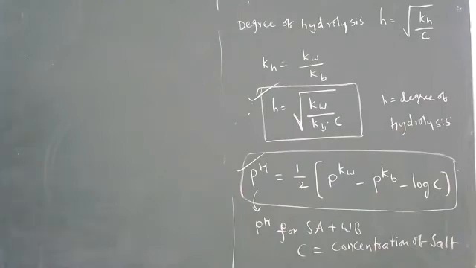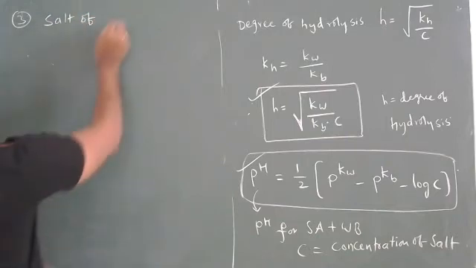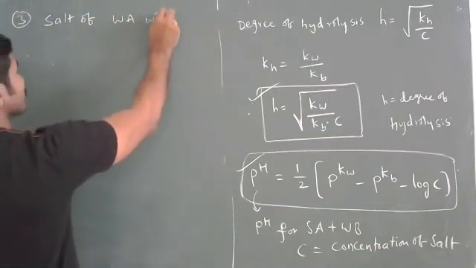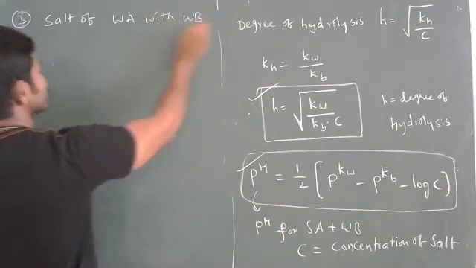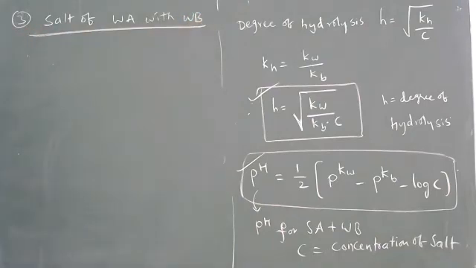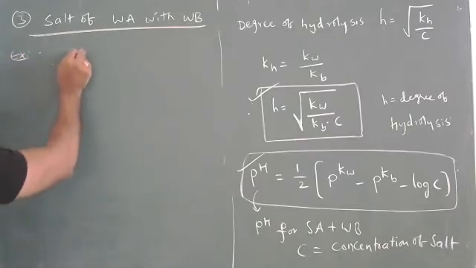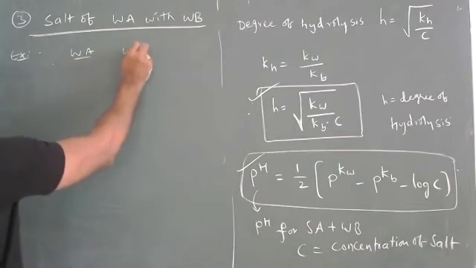So next, the third type of salt is the salt of weak acid with weak base. Examples: weak acids, weak bases, and salt.